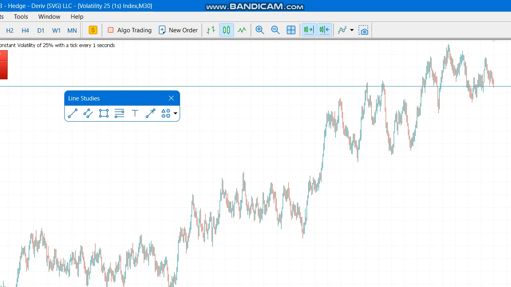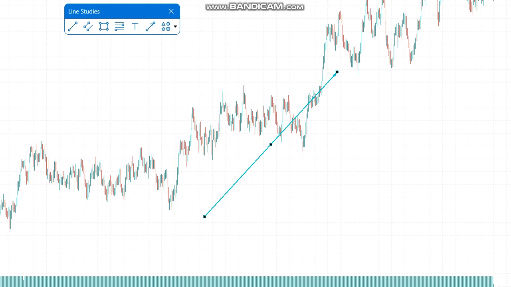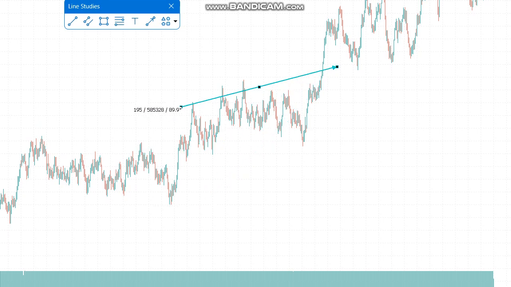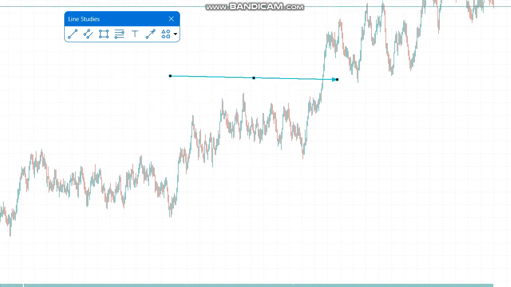You have to understand these three things first. The market structure moves in around three directions. The uptrend, where it is making a series of higher highs and higher lows. The sideways movement, where the market is printing a series of equal highs and equal lows.